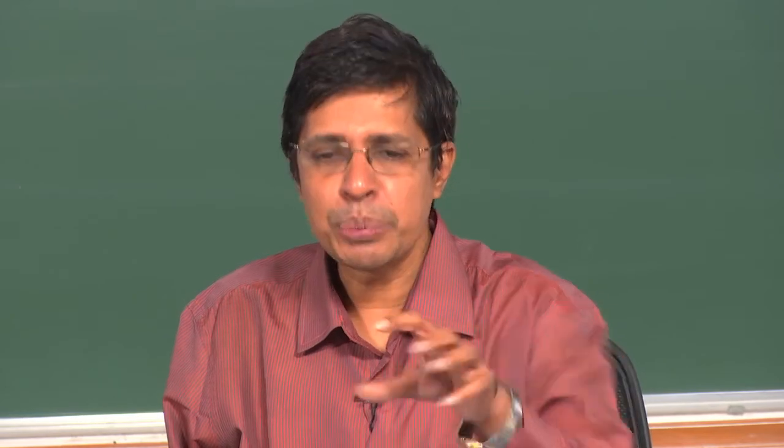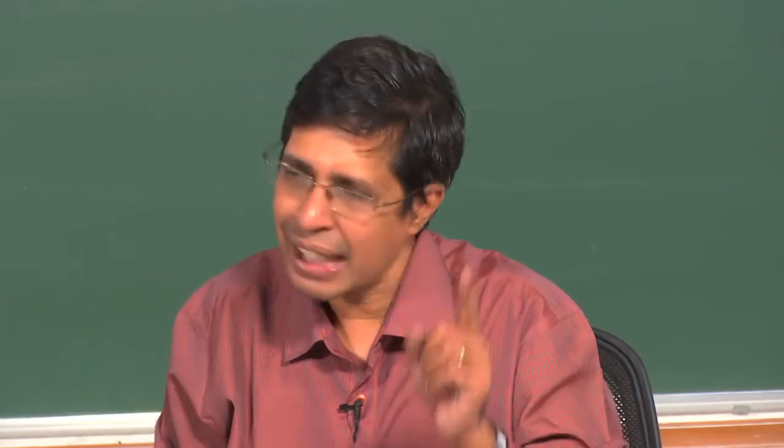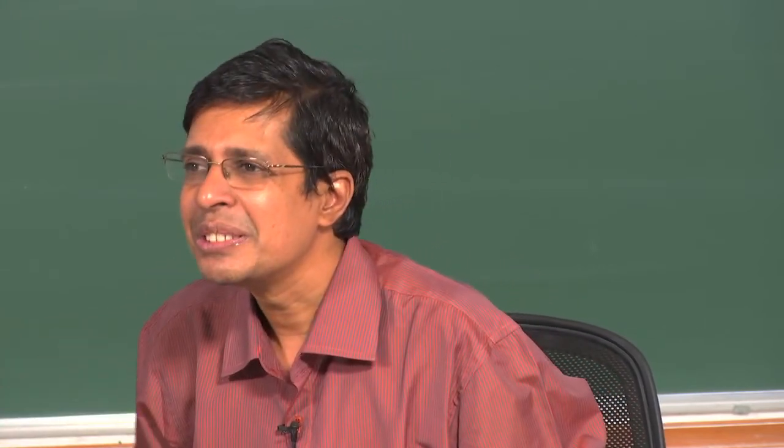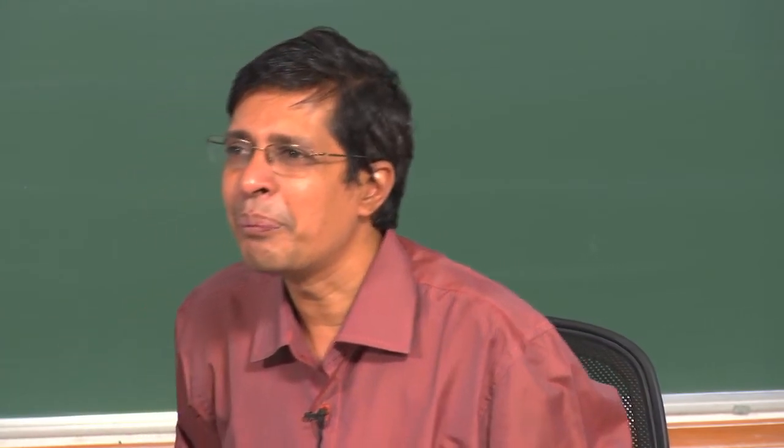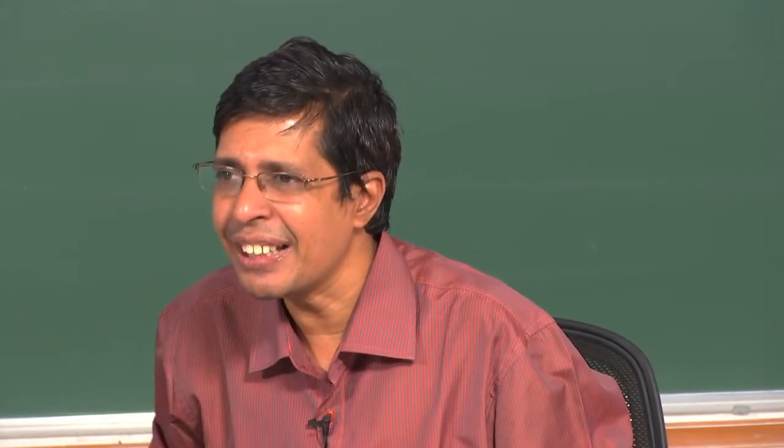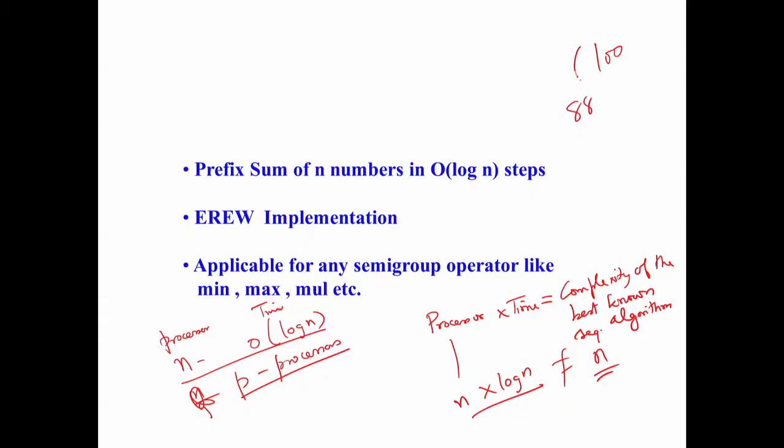If the total work across processors is better than the best known sequential algorithm, then I can make the same processor do the tasks one by one and get a still better sequential algorithm. See, say the best known sequential algorithm takes 100 units of time.